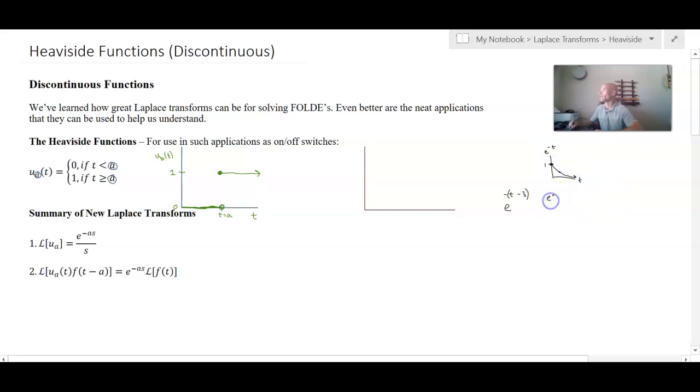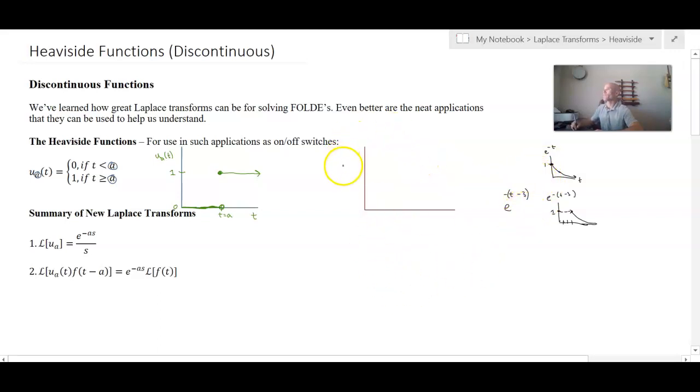Now, e to the negative t minus 3 would be an exponentially decaying function that actually you can think of as being shifted over 3 units. So there's 1, and the function actually just gets shifted to this point, and then from there it decays down. Okay, and so that's exactly the same function, just shifted over to the right 3 units. Okay, let's take a look at that.